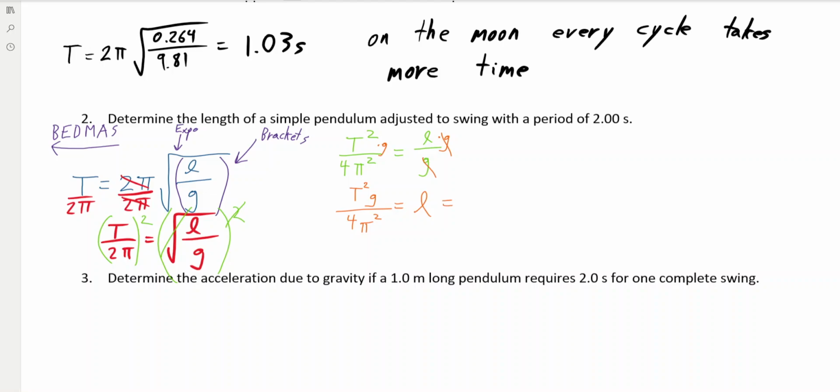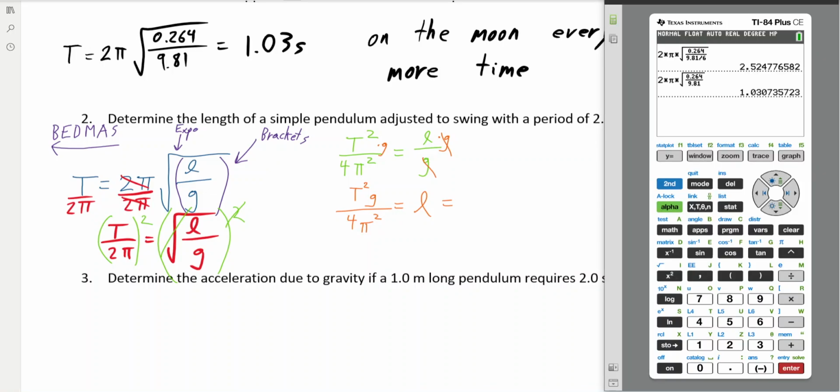Okay, so let's go ahead and plug in those values for ourselves here. Period is 2.0. So 2 squared times 9.81 over 4 times pi squared equals 0.99396.